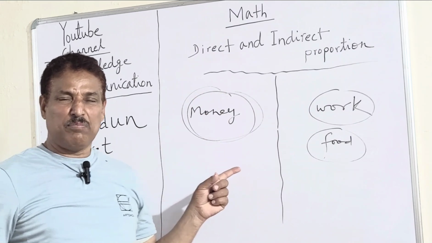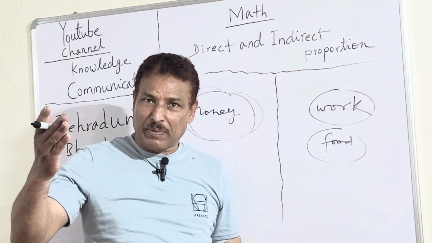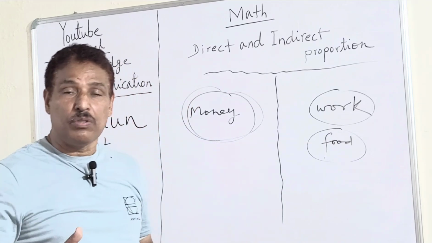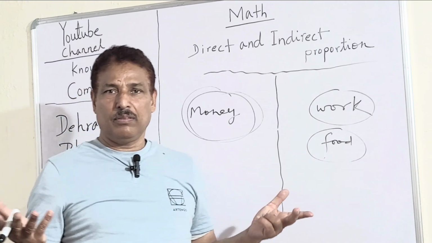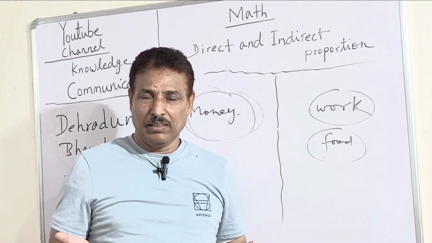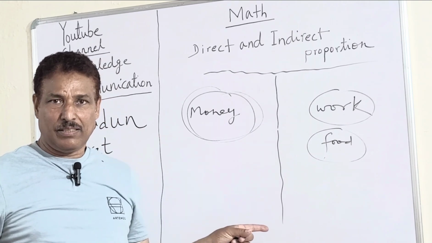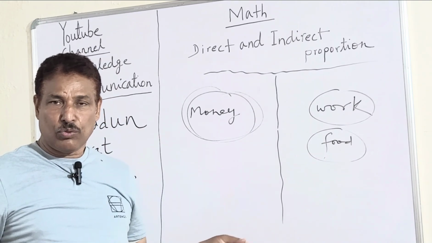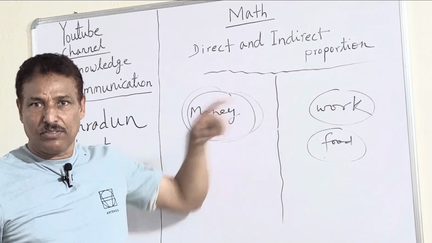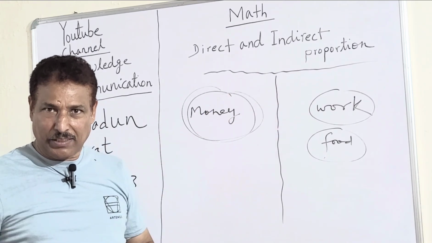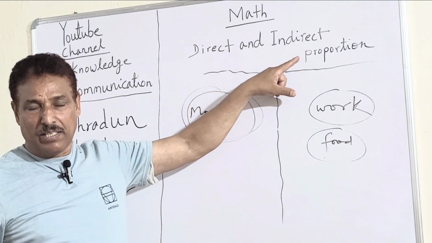So with a lesser number of soldiers, the provision is going to sustain for more days. A big number of soldiers will finish the food in lesser days. So this is inverse relation, that is indirect relation. Inverse and indirect are the same thing. Have you got it? This is the difference between direct and indirect relation.